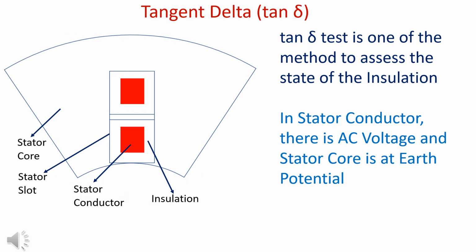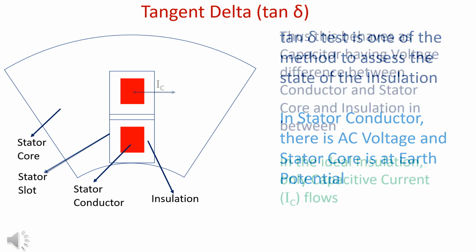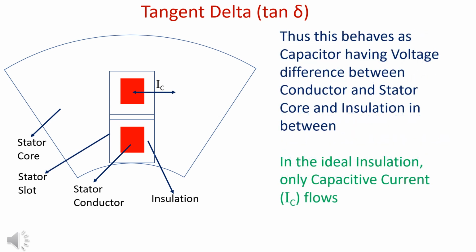One of the methods to assess the health of the insulation is tan delta. In stator conductor, there is an AC voltage and core is at earth potential. Thus, this becomes a capacitor, as there is a voltage difference between the conductor and the core, and there is insulation in between them. Ideally, there is only a capacitive current.